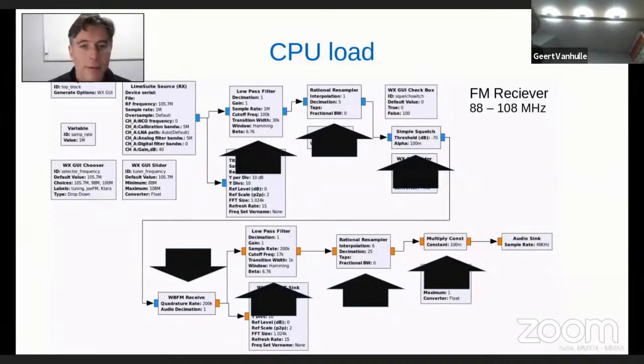So we have a huge amount of stress on the CPU to make sure that all the samples arrive at the next block in time, and that it produces a sufficient sample output for the next block every time. So the thing is that a CPU is actually a sequential device.